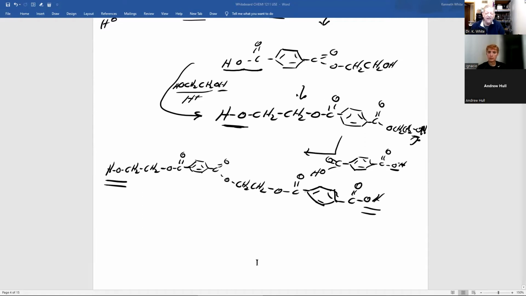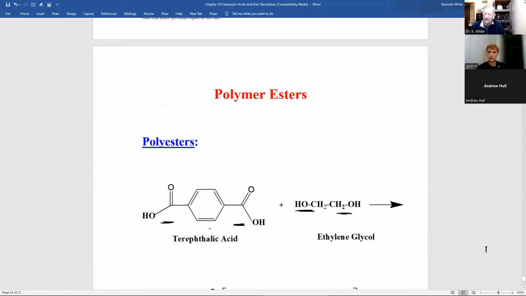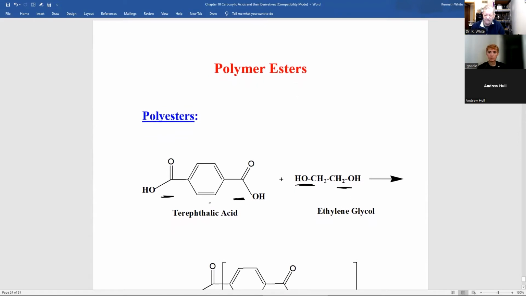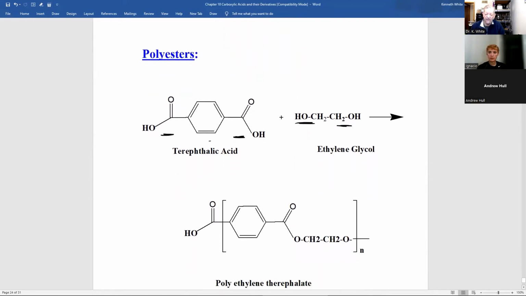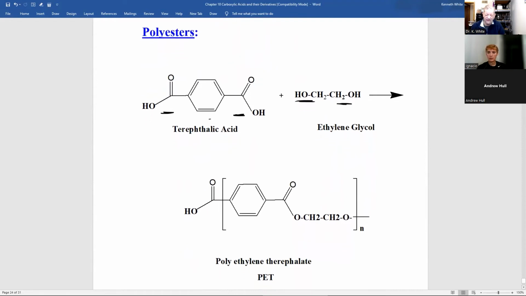But another way of drawing that, because there's certain repeating units, is this molecule right here. And right here, and notice we have this repeating n times.